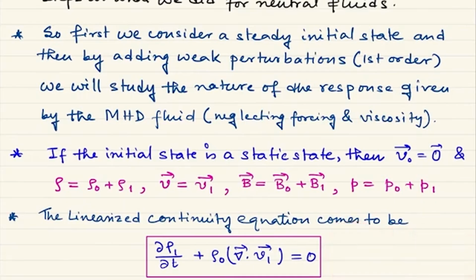Always cross check whether your term is of first order smallness or not. So del rho 1 del t is of first order smallness, plus rho 0 divergence of V1 equal to 0, which is also of first order smallness. So this is the linearized equation of continuity.